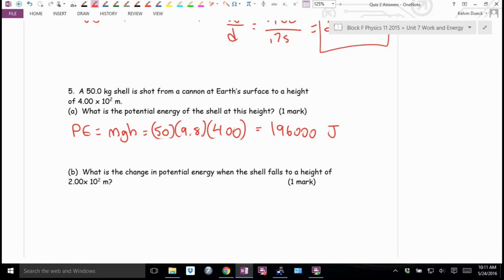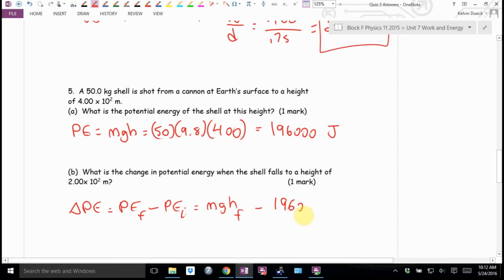Alex, what does part B want me to find? The change in potential energy. The final potential energy is going to be mgh final minus the initial potential energy, which is 196,000.